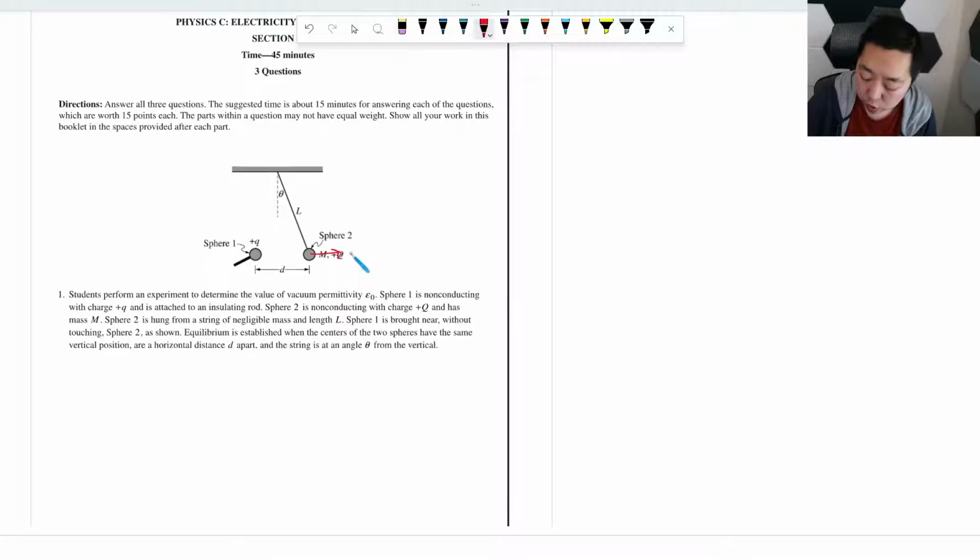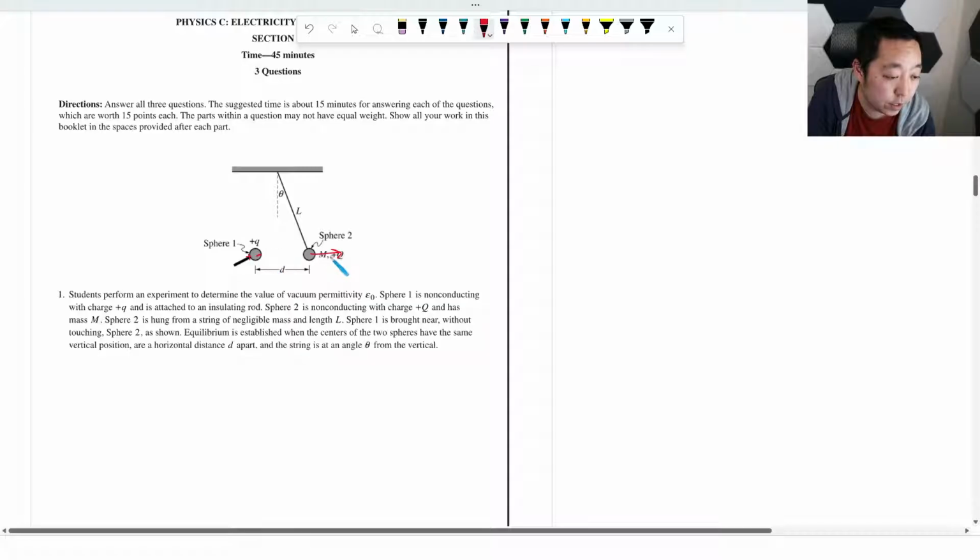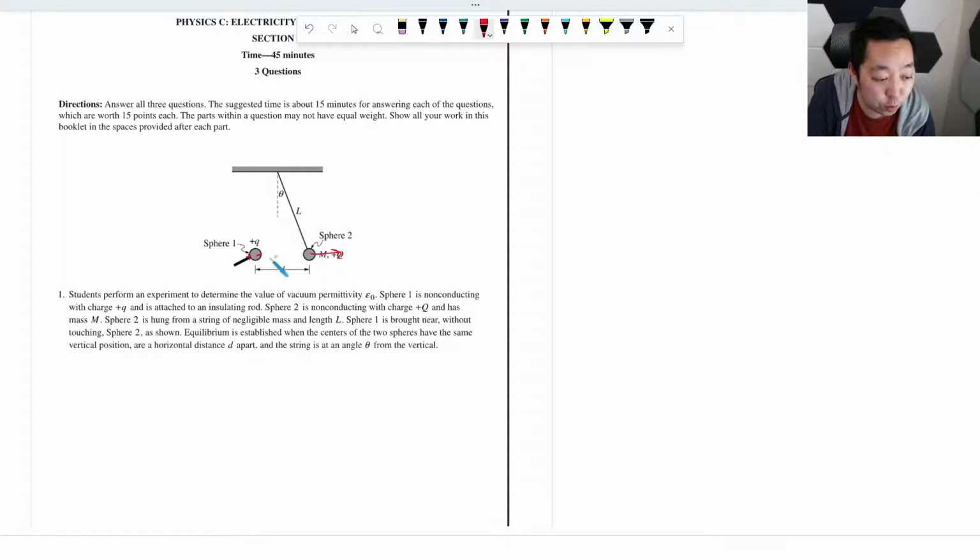Okay, so sphere 2 has a non-conducting charge here, so the charges are fixed in the same spot. But in this one now you have a positive and you have a negative here. So the positive charge is going to be further away. It's going to weaken that repulsion force, and this negative charge is going to be drawn to here. So that's going to actually add a little bit of net force towards it.